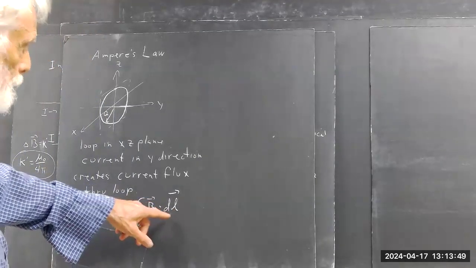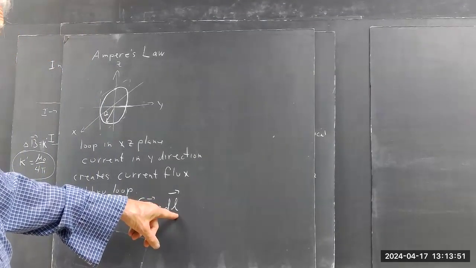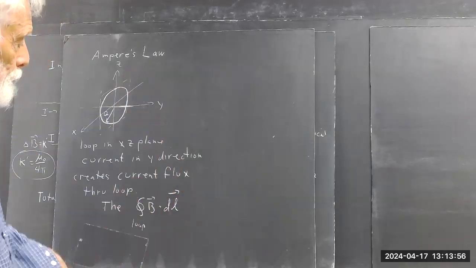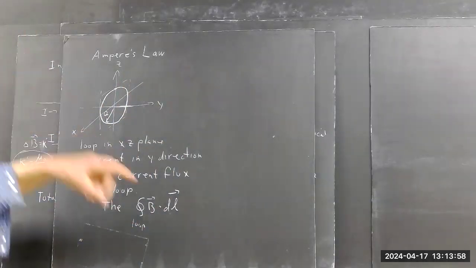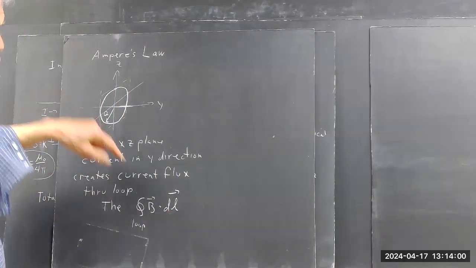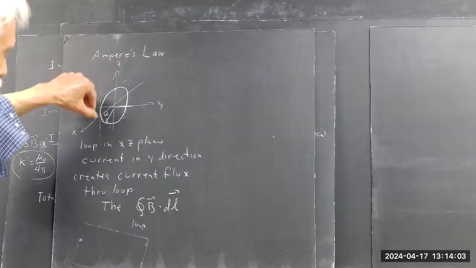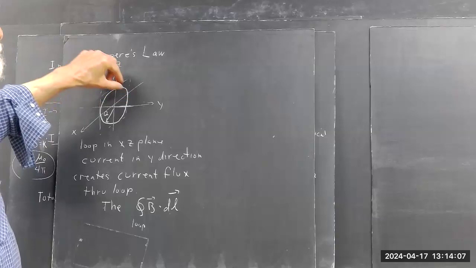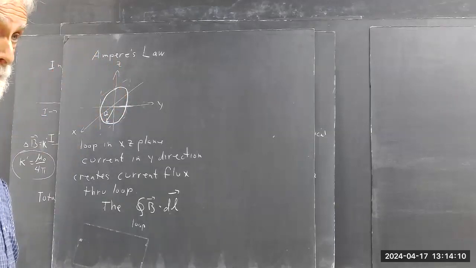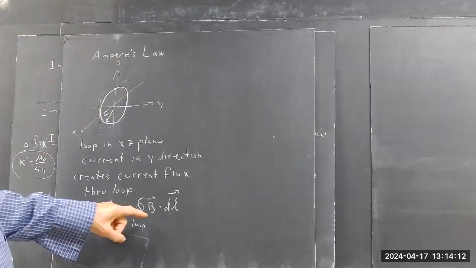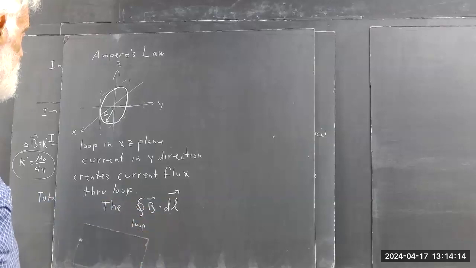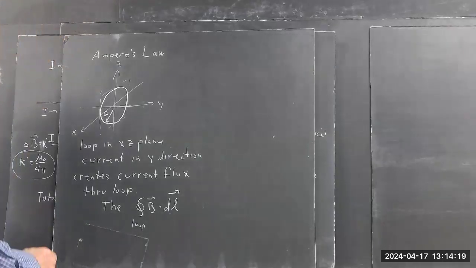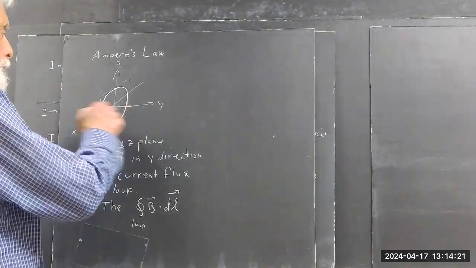Can you recognize that as a dL? I'm using the script L just because it's easy. Your dL is just your distance increment, or displacement increment, around the loop. If you integrate the magnetic field B dot dL, well, let's just think about it. Let's say that we have a current I along the y-axis.